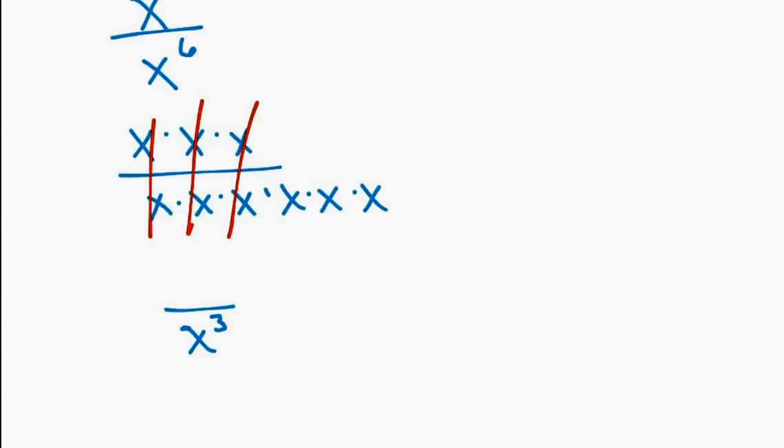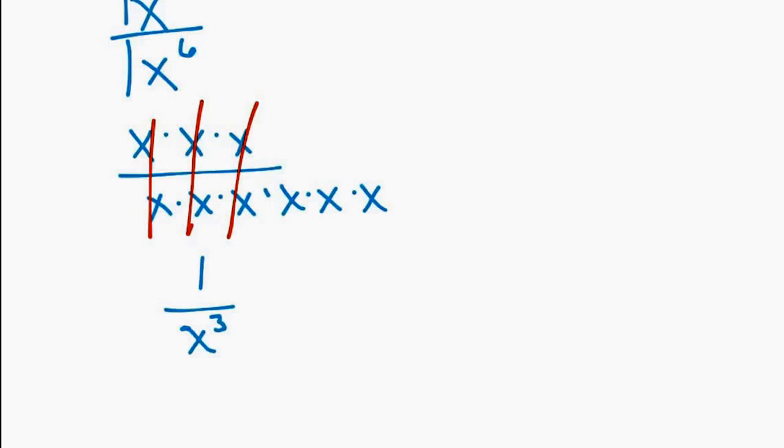One of the things we tend to forget is that these variables have a coefficient, and that coefficient is 1. So there's still a 1 on top, not a 0. Students often mistake that when there's nothing left, nothing means 0, but in this case it's 1.